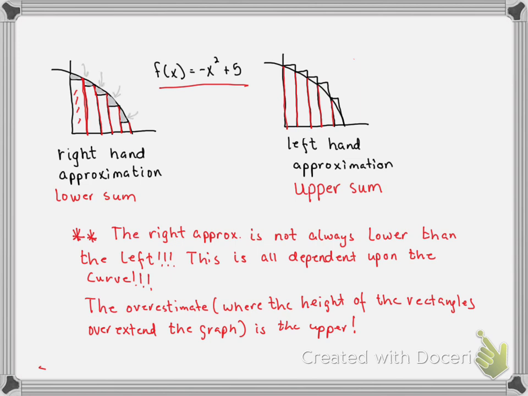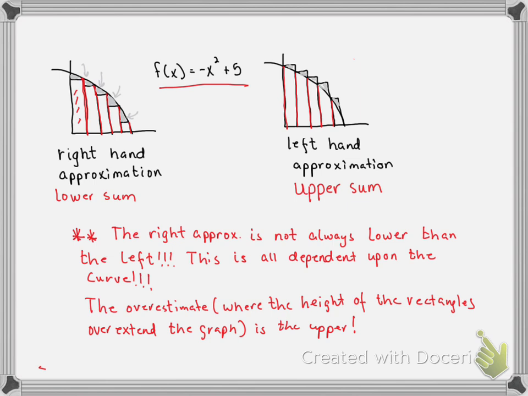Likewise, if we go to the other graph on the right, you've got all of this here that I'm coloring gray that is overhanging. That is an overestimate. If we found the area of each one of those rectangles and added them together, we would get an area that is too big because the gray parts overextend the graph.